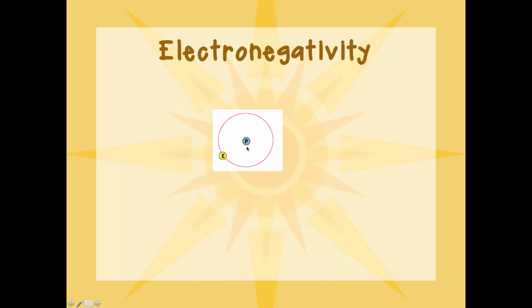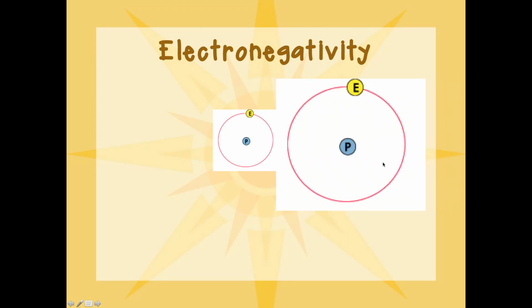Here's another visual. So imagine that this is an element and it is just hanging out and it's got its own electrons. If this element tries to come to this electron and take this electron to join itself and make a bond, look at how far away this positive nucleus is from this electron. It's going to be pretty hard for this nucleus to attract this electron because there's just so much space.